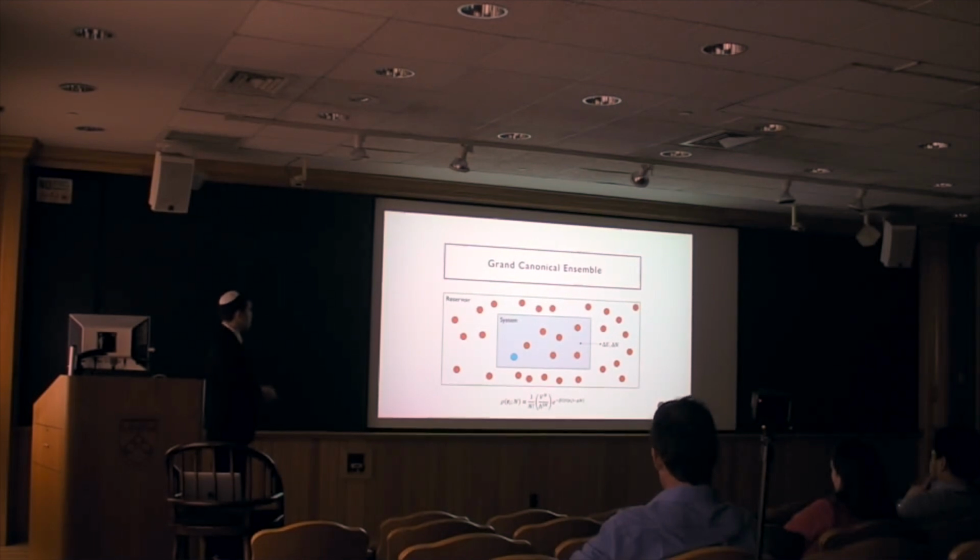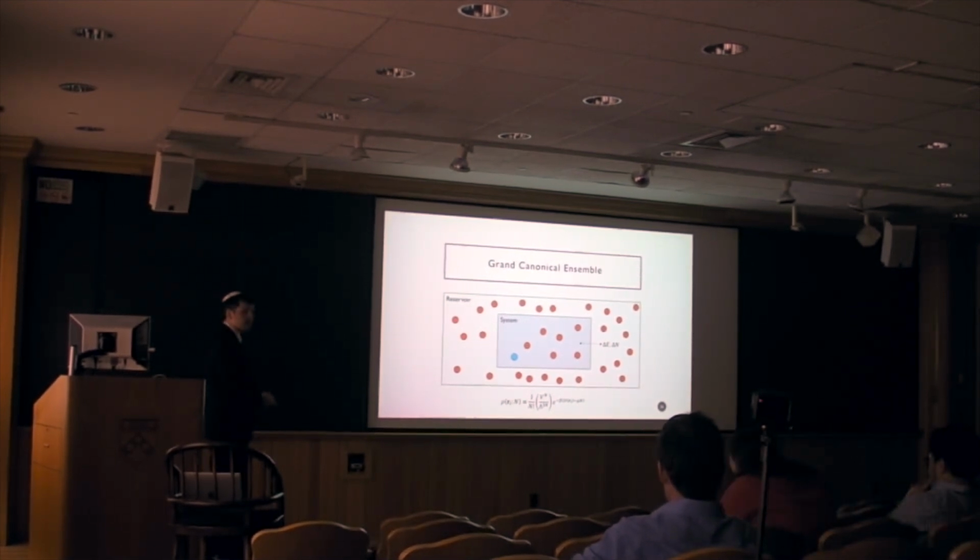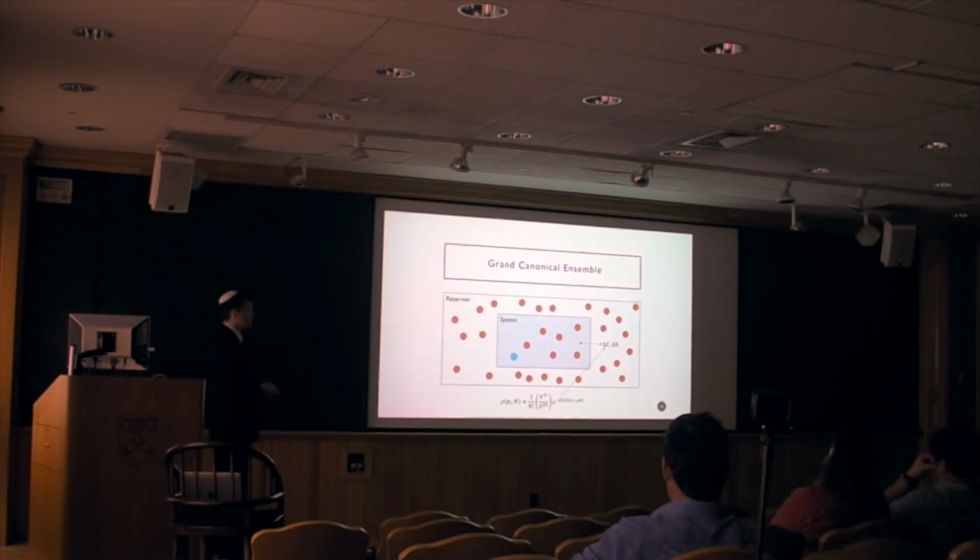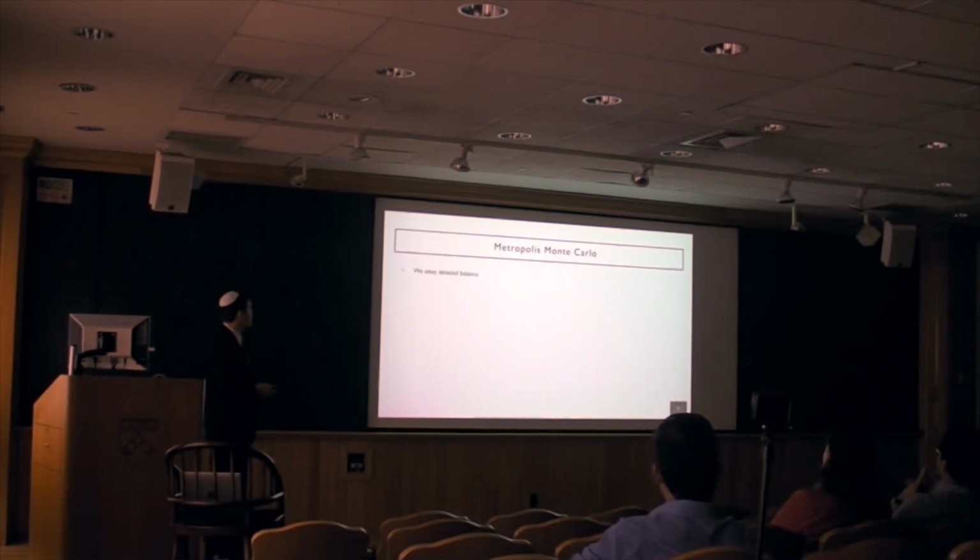And so the probability of the system being in this particular state, with now having this atom, is going to be given by this expression, where we have a prefactor that depends on the number of atoms in the system, the volume, and also the thermal de Broglie wavelength, but also this much more familiar Boltzmann term, where the first term right here, beta, corresponds to how much heat is being transferred between the system and reservoir, but also chemical potential. And that determines how many particles are being transferred between the system and reservoir.